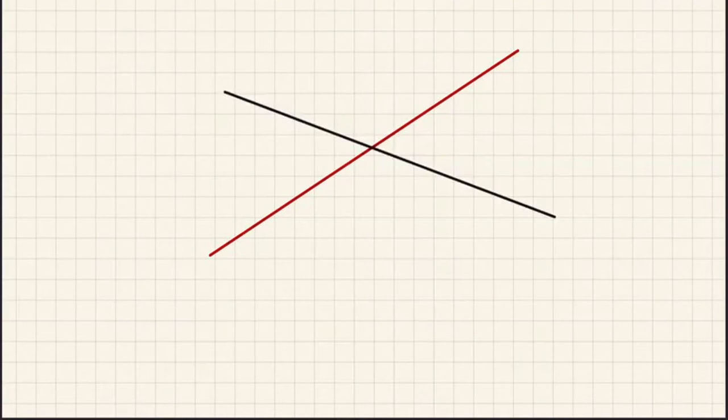The point here satisfies the black line. The point here satisfies the red line. The point here satisfies both of them, so it has the same x and the same y on both lines.